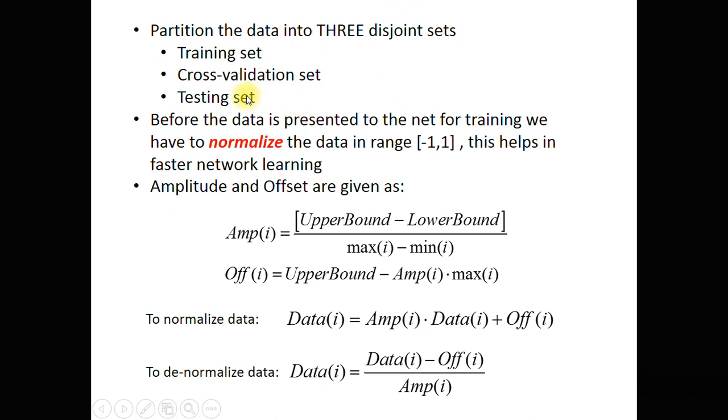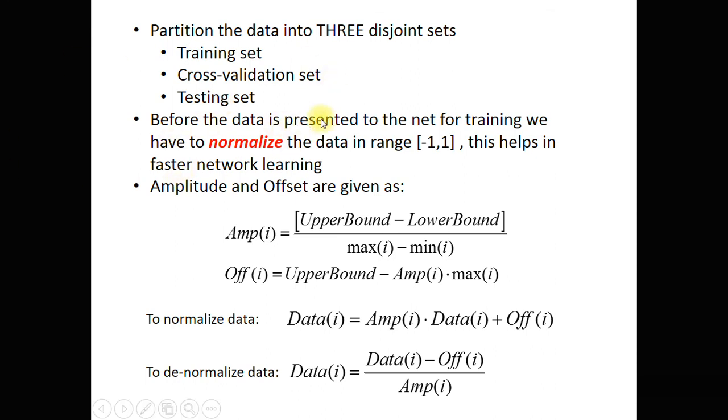In order to avoid memorization and achieve generalization, we use the mean square error on the cross-validation set and not on the training set. And then finally we have the testing set, where we can test the performance of our classifier.